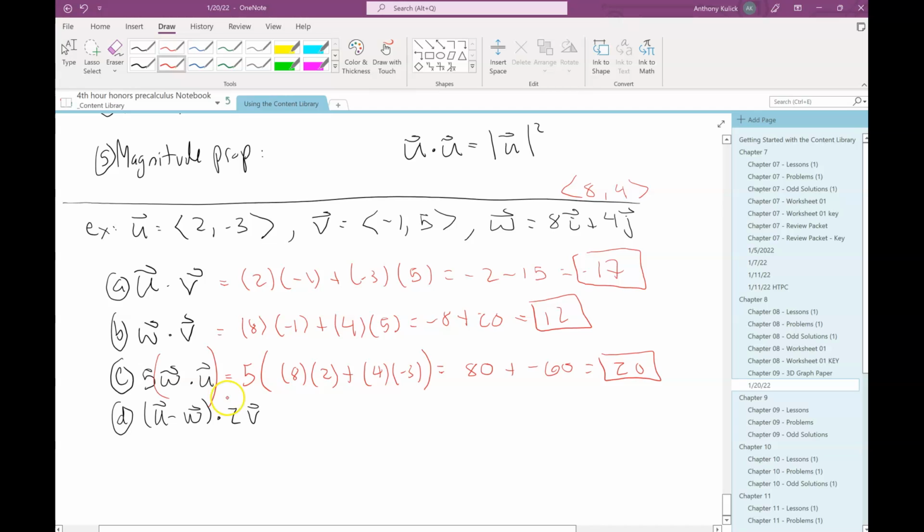On D, I'm going to do it this way. Clearly, I have to do u minus w first. But as long as I'm doing u minus w, I might as well do 2 times v. So I got 2 minus 8, which is -6.